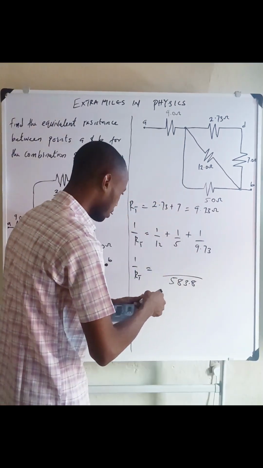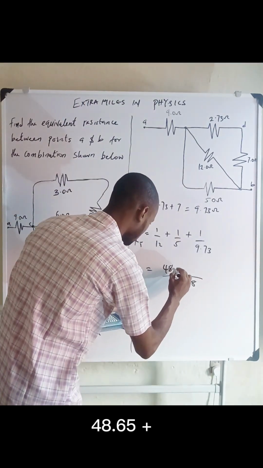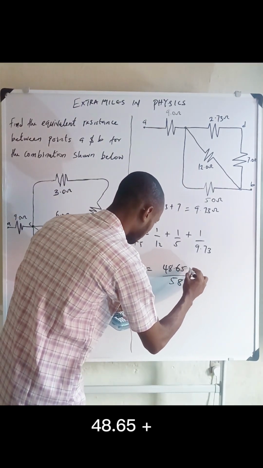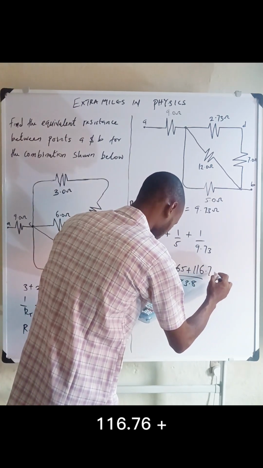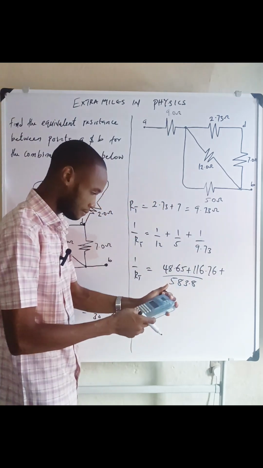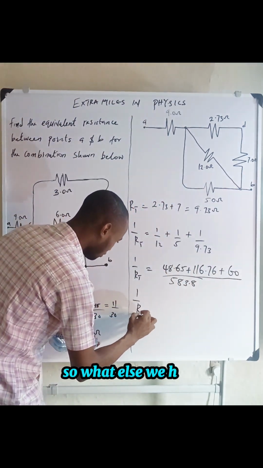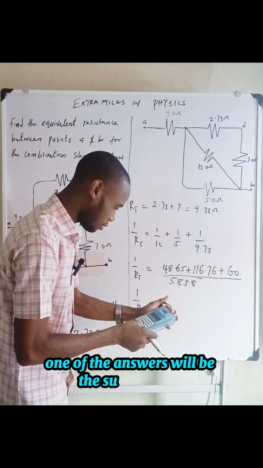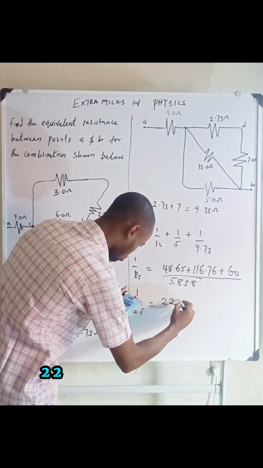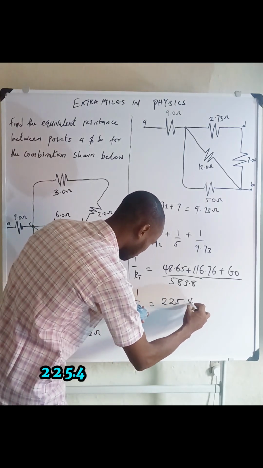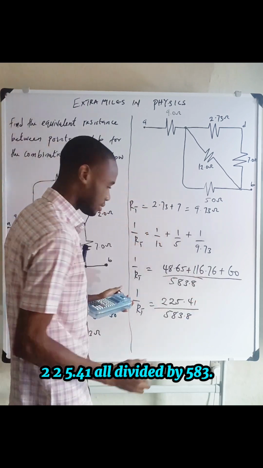583.8. Okay. Then we'll begin to divide. So 12 into this, 48.65, plus 116.76, plus 60 here. So what else? We have 1 over RT will be the sum of these, and that is giving us 225.41, all divided by 583.8.